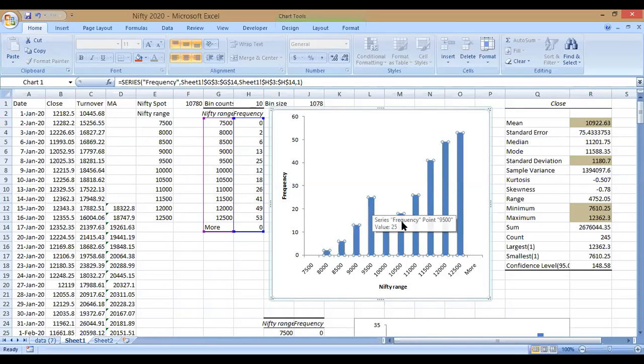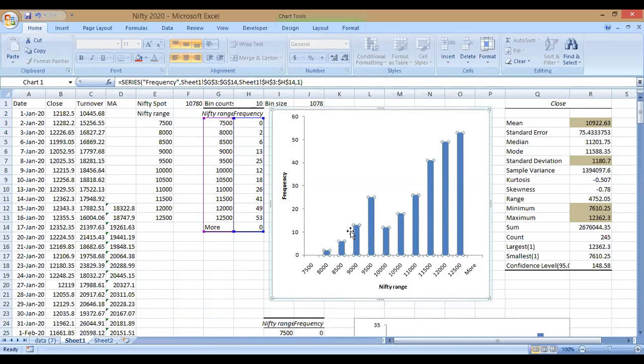And recently we have seen the lower side of the Nifty, where it went down to 7,610. This distribution says that from past history it normally behaves in a normal distribution. If you're not aware of this terminology, you should Google it.